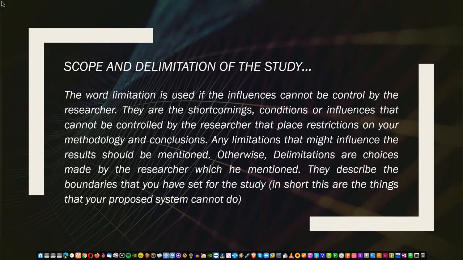Okay, then the word limitation is used in the influences that cannot be controlled by the researcher. So they are the shortcomings, conditions, or influences that cannot be controlled by the researcher that place restriction on your methodology and conclusions. Okay, so for example, limitation. Unsa may limitations sa imong system? For example, sales and inventory. Okay, so you have said you can accept cash on delivery, no?